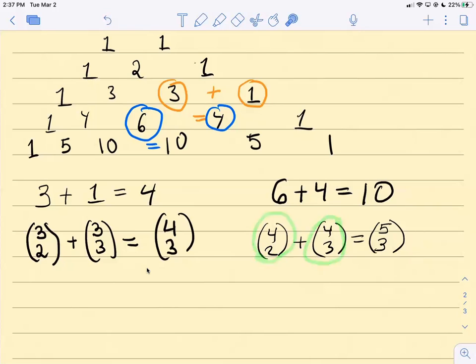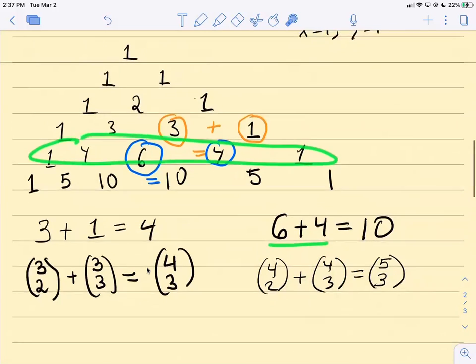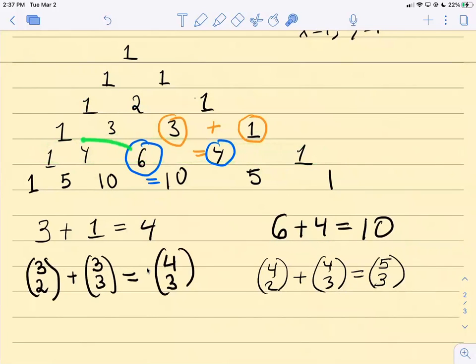Okay, so the 6 and the 4, they came from the 4th row, right? The row that corresponds to the 4th power expansion. And then you just start counting from here. This is 4 choose 0, 4 choose 1. This number comes from 4 choose 2.